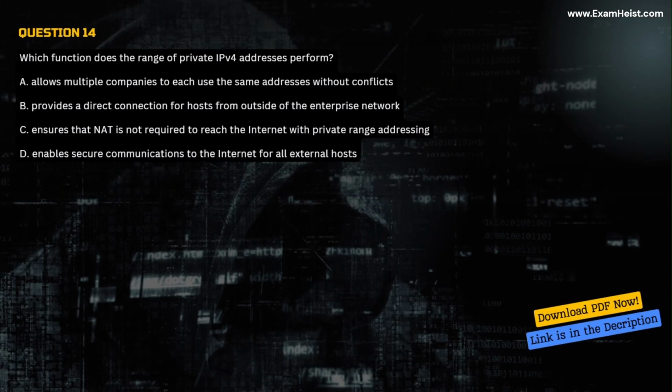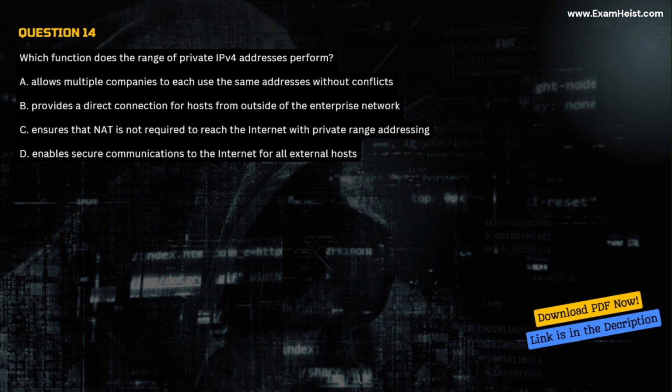Question 14. Which function does the range of private IPv4 addresses perform? A. Allows multiple companies to each use the same addresses without conflicts. B. Provides a direct connection for hosts from outside of the enterprise network. C. Ensures that NAT is not required to reach the Internet with private range addressing.